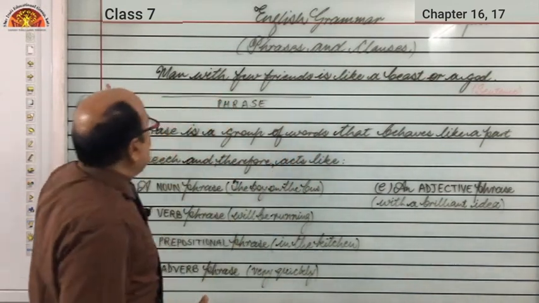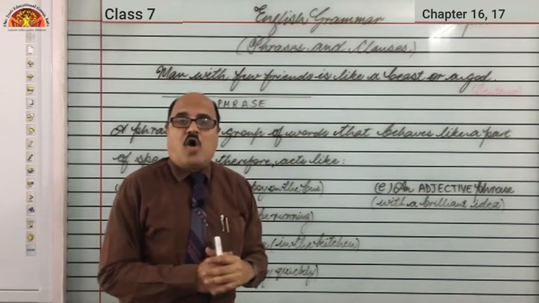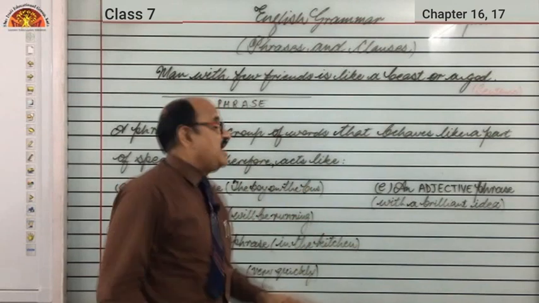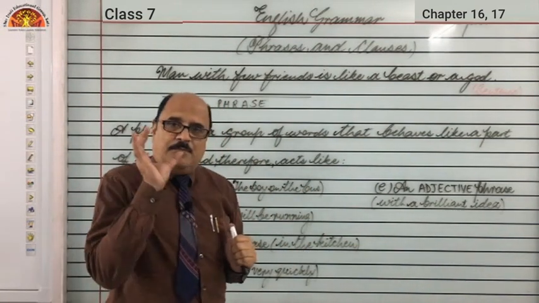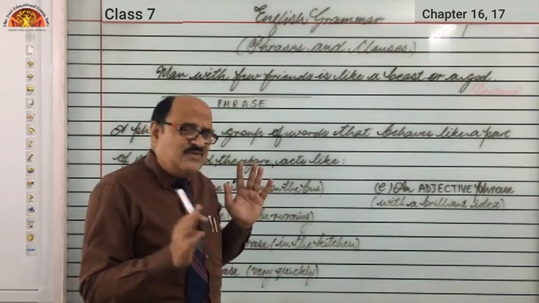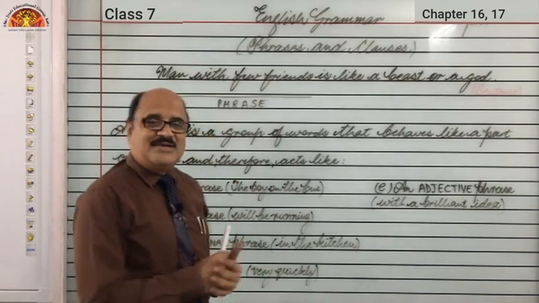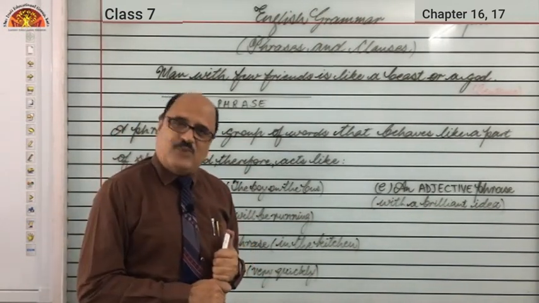We can say man with few friends is like a beast or a god. This is a sentence, and man with few friends is just a part of this whole sentence. Therefore, we can very easily call it a phrase. I hope the term phrase must be clear in your mind, right?